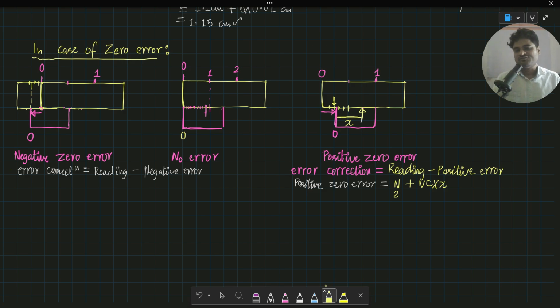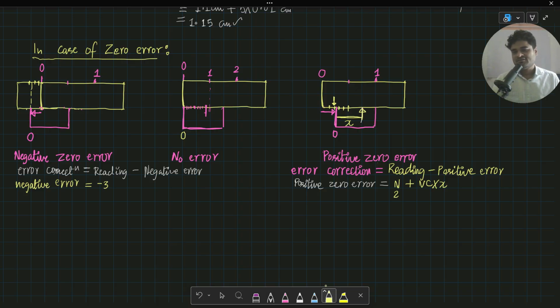But in the case of negative error, we get the reading and the negative error is calculated. This is the difficult part. You can see from my example that it is starting from -3.